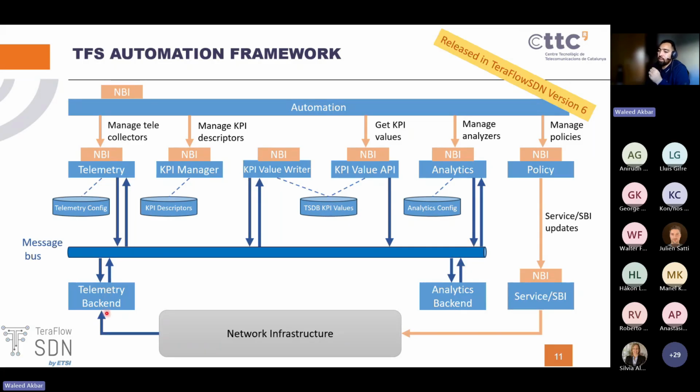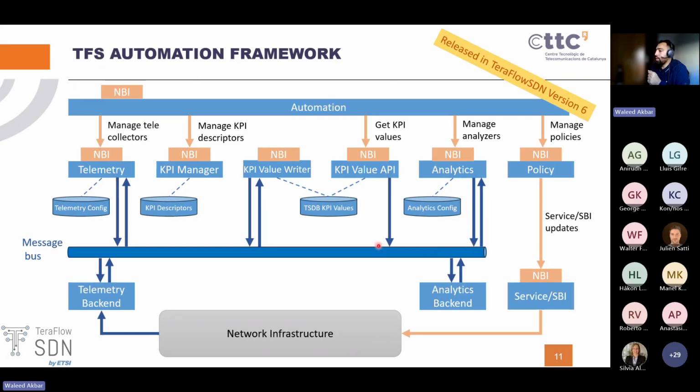The telemetry is reading the data from the network and pushing all the information to this message bus, and then the analyzer is reading this information from here. The analyzer is analyzing the condition and pushing the flags onto the message bus.